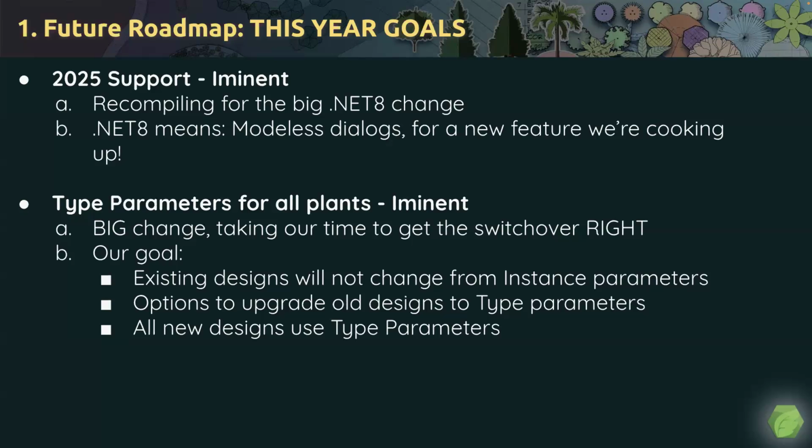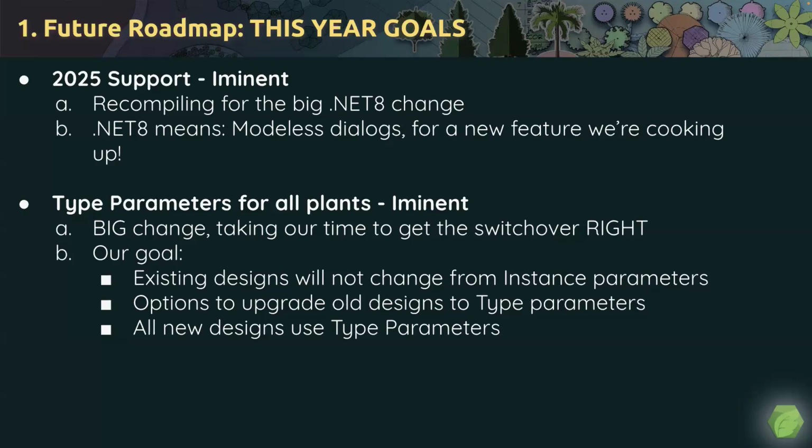And then this is a big one that has been asked by many people, and many people are probably smiling just looking at it. Type parameters for plants. We have seen the light, and we are moving over to it.